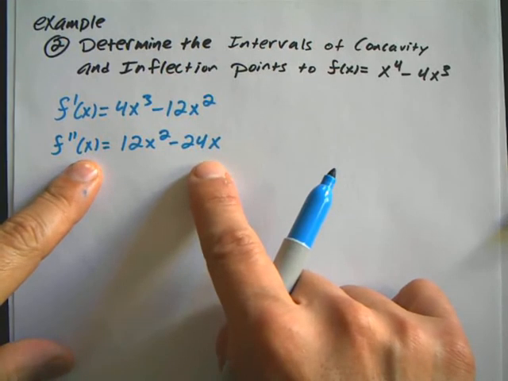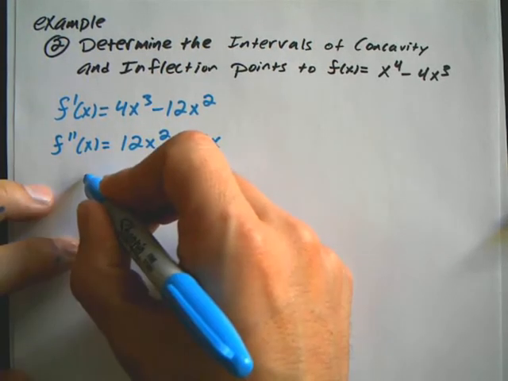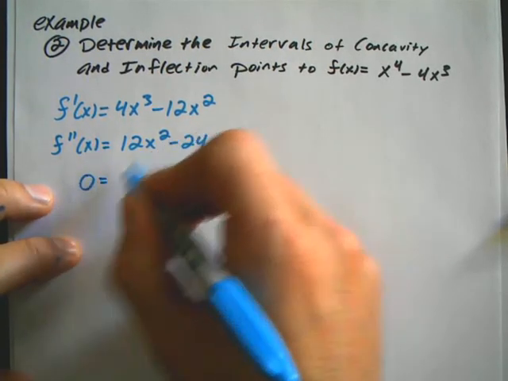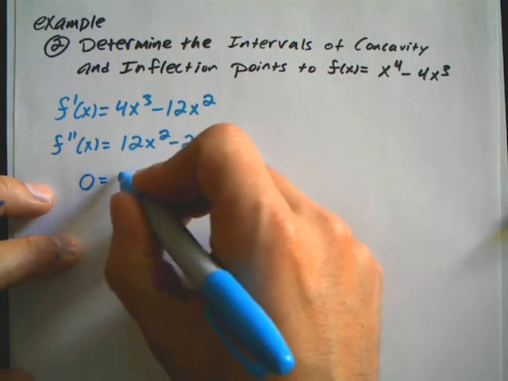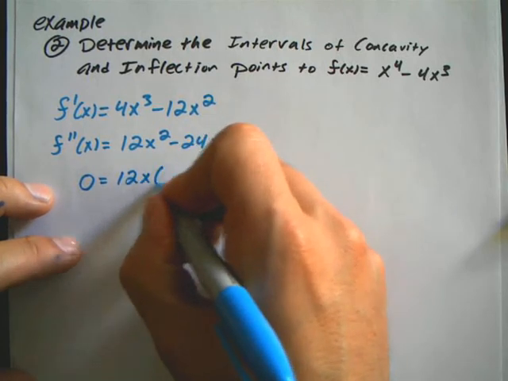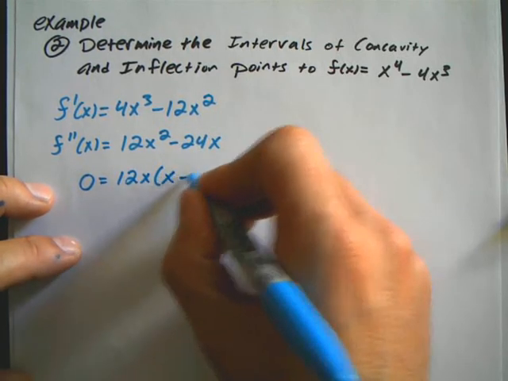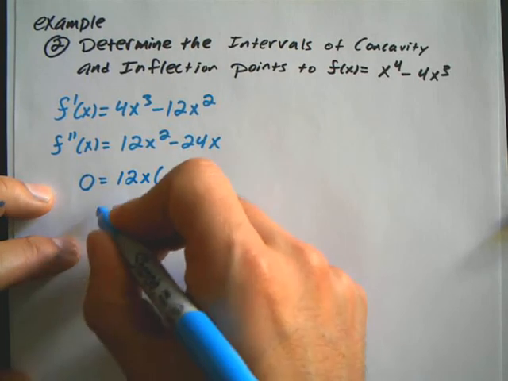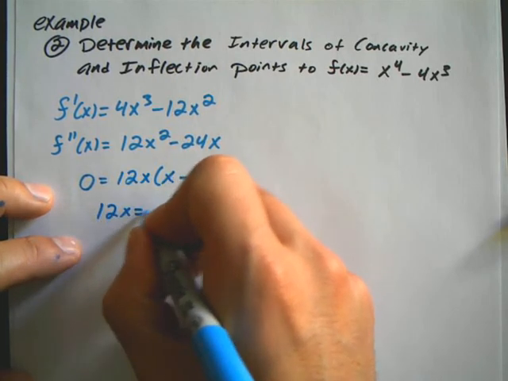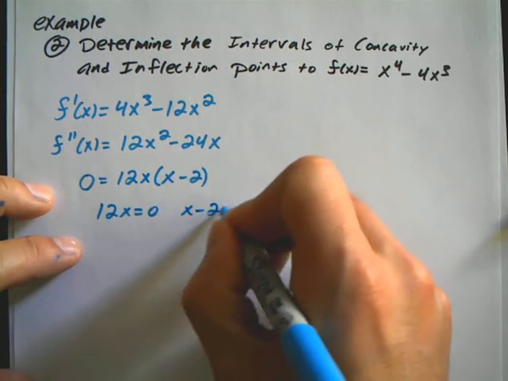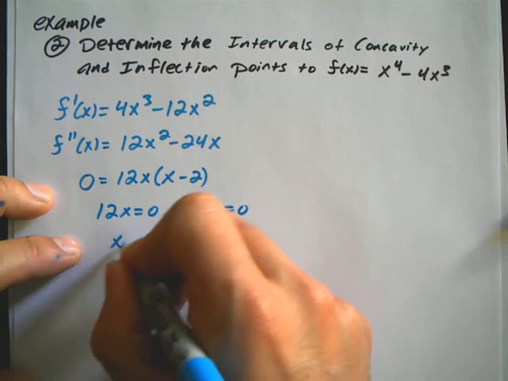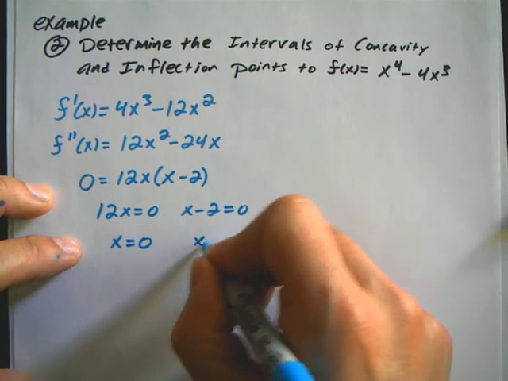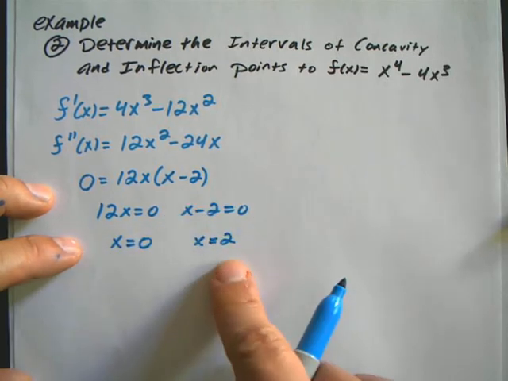And I see I can factor out a common term of 12x. What I'm left with is x minus 2. And then I set each factor equal to 0. So my values are going to be x equal to 0 and x equal to positive 2. So I need to now analyze the sign of the second derivative.